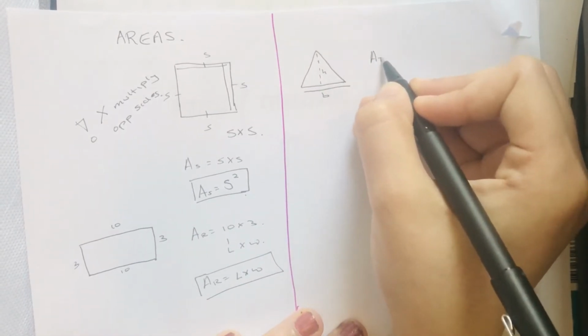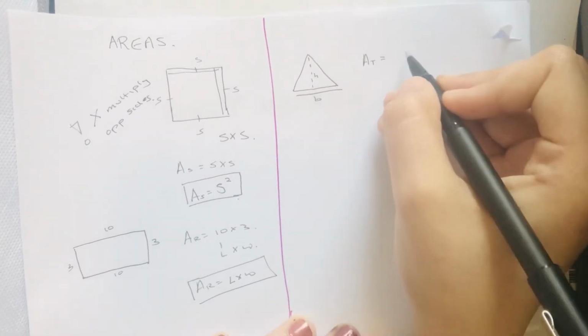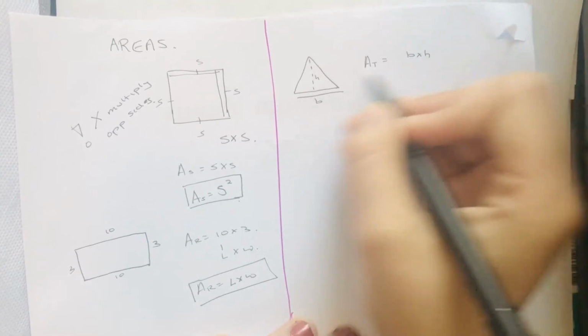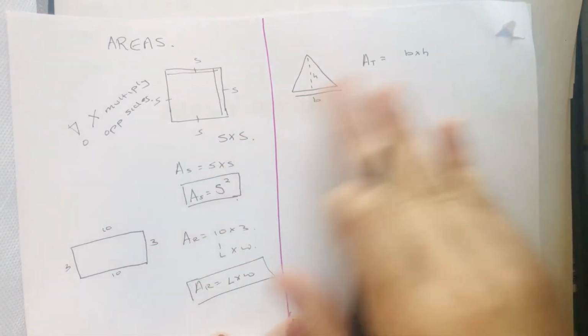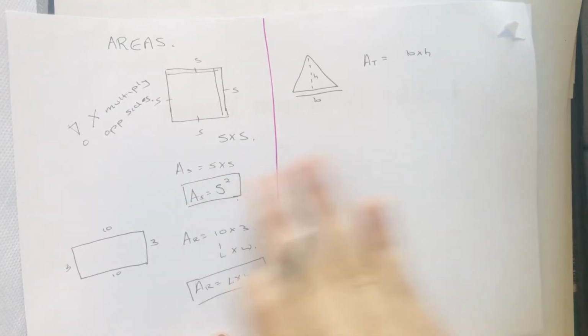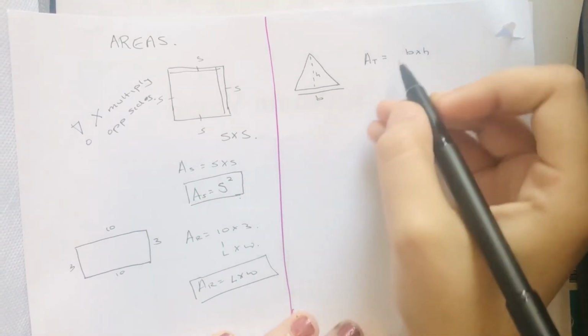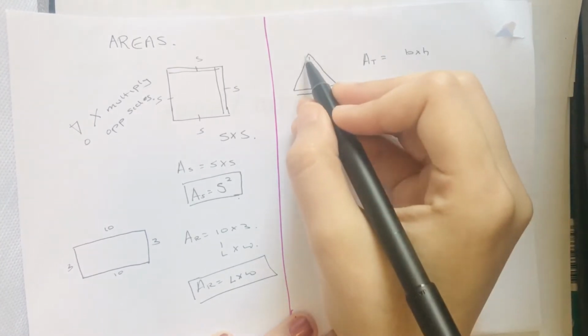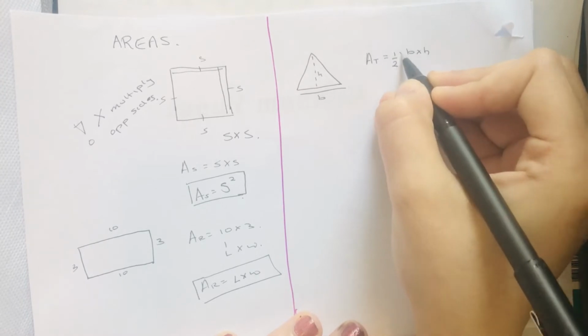Now area of a triangle. So base times height. These are two dimensions. You know how tall the triangle is and what the base is. Okay, but then because you're gonna use this as well, you multiply it by a half.